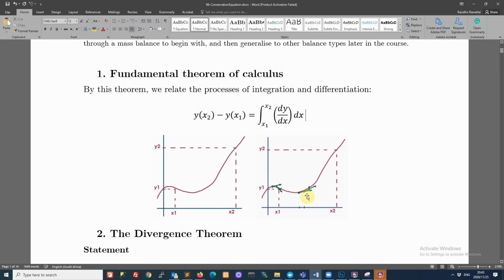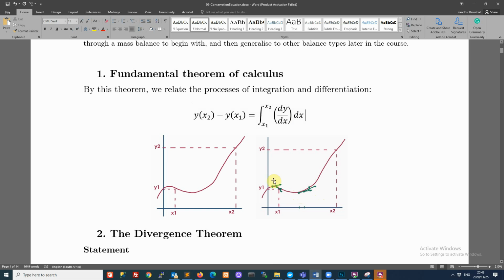And a way to view that is if we select any point in the range between x1 and x2, then at that point there does exist a gradient of that function. So if we look here, we've sketched out a couple of gradients. So at that point, if we integrate along that gradient, we will in effect be calculating a delta y.